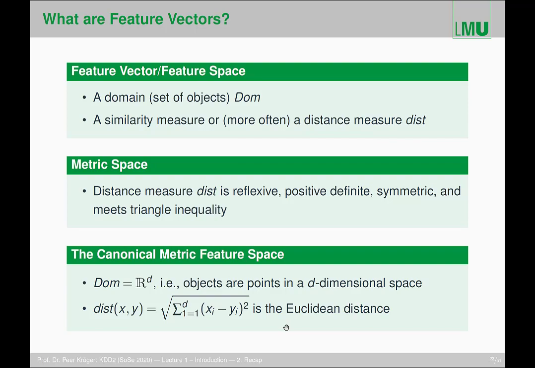The canonical metric feature space we usually used in KDD1 was the following one. Here the domain is just R to the power of d. That means the objects have d attributes. You can consider this as a table in a relational database management system, or just an Excel file, where you have d columns, d attributes, and each of those attributes has real values. So you basically end up with the objects being points in a d-dimensional space.